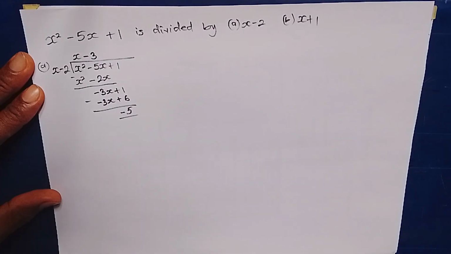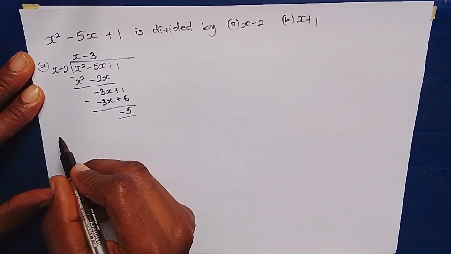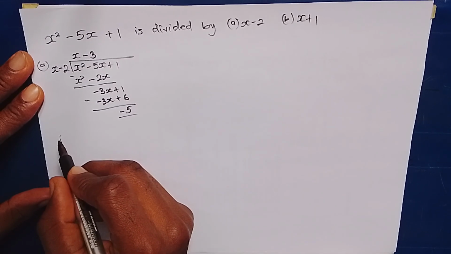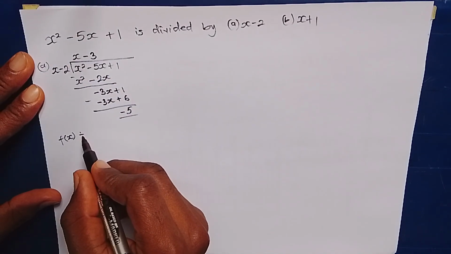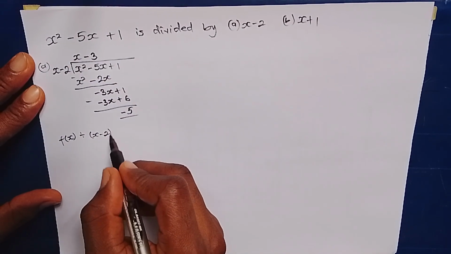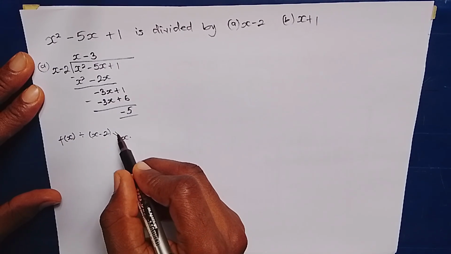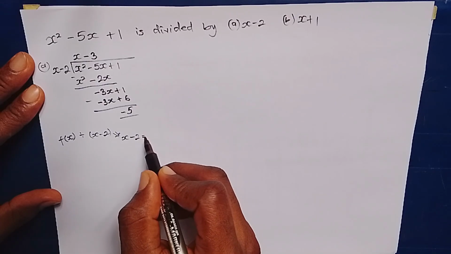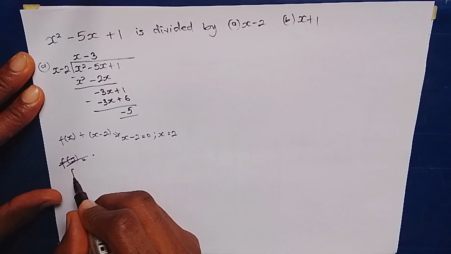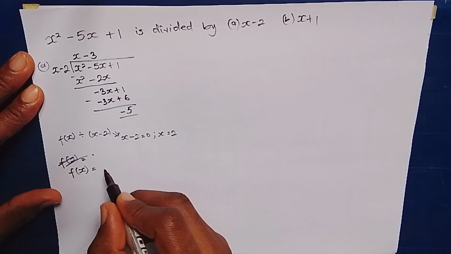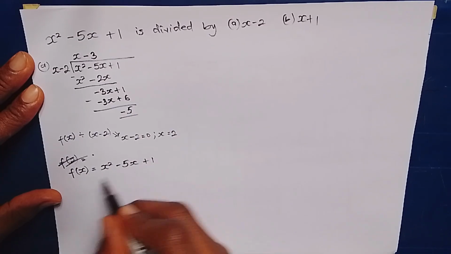Now let's apply the remainder theorem. We are dividing our f of x, being this, by x minus 2. So this implies that x minus 2 equals 0, and then x is equal to 2. f of x is equal to x squared minus 5x plus 1.